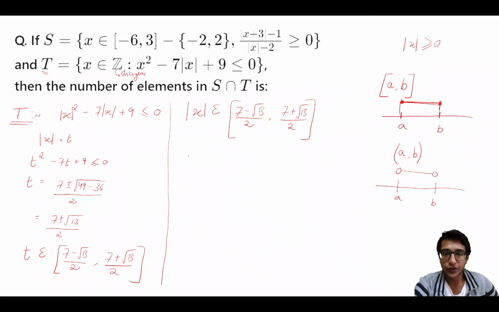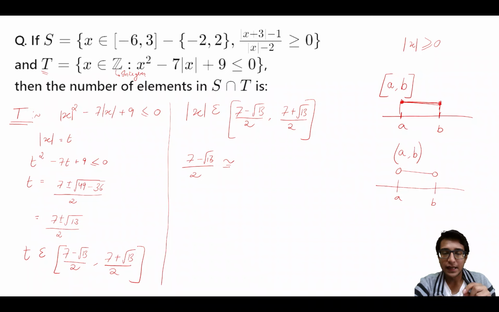So if I was to first find out the approximate value of this, what is it going to be? Root 13 is going to be greater than 3 and less than 4. So 3 point something. And if I subtract 7 minus 3 point something, what am I going to get?